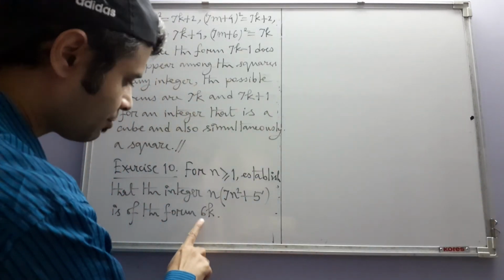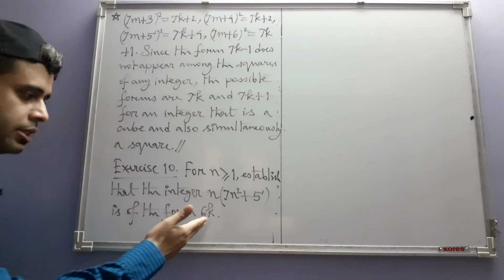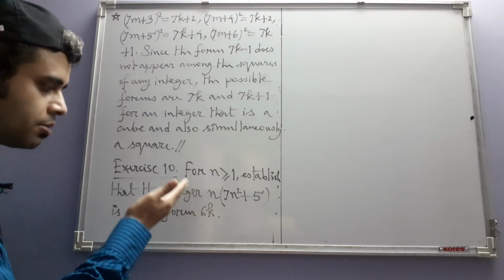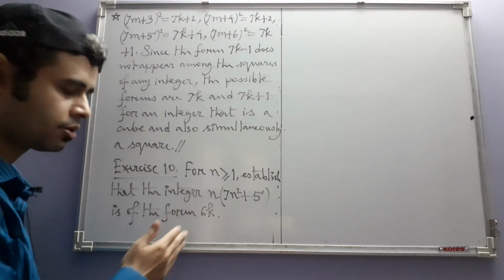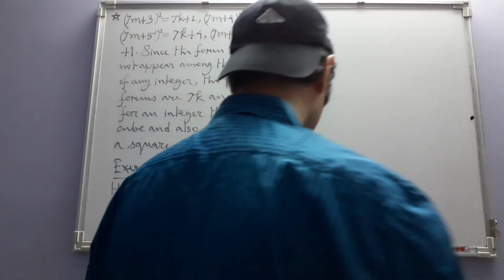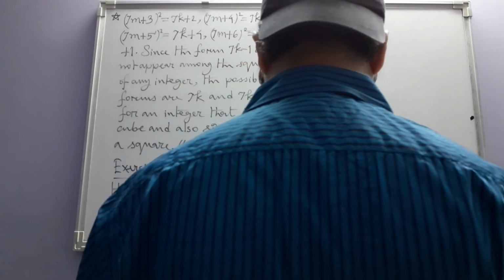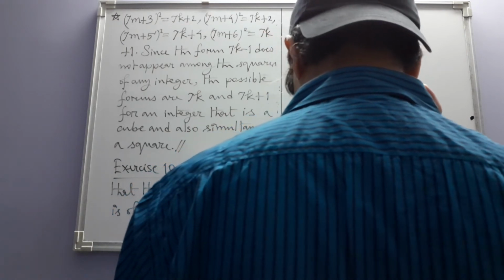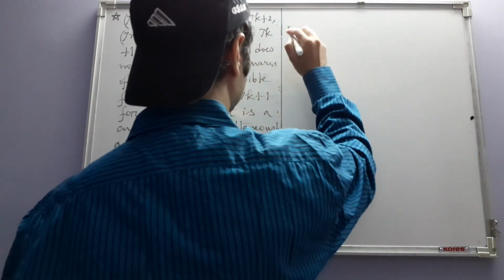Now, instead of looking at all the possible cases that arise, all the possible forms that arise when one considers division by 6, we can reduce the work here by writing a solution like this.